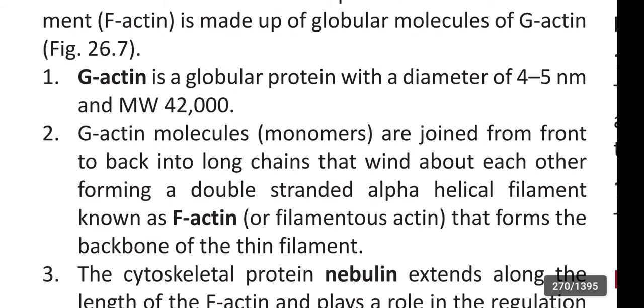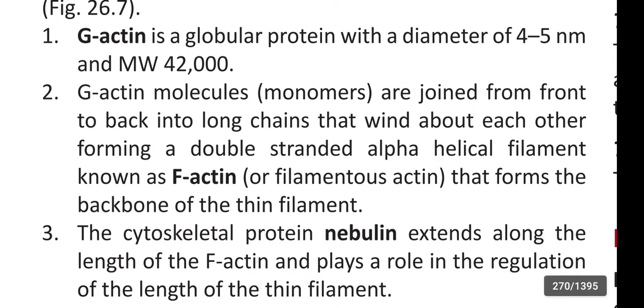G-actin molecules or monomers are joined front to back into long chains that wind about each other, forming a double-stranded alpha helical filament, F-actin or filamentous actin, that forms the backbone of the thin filament.